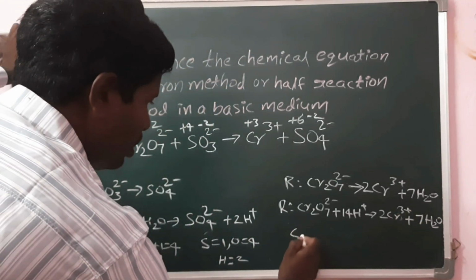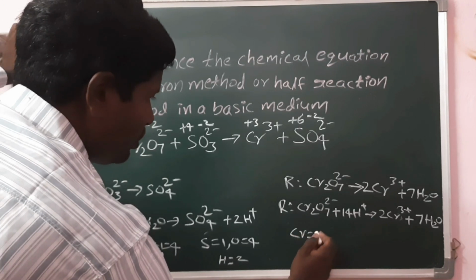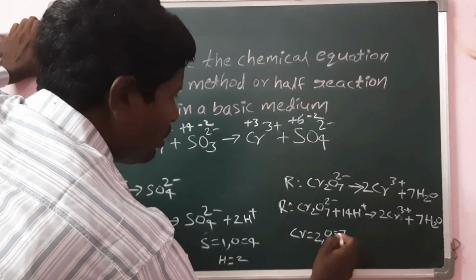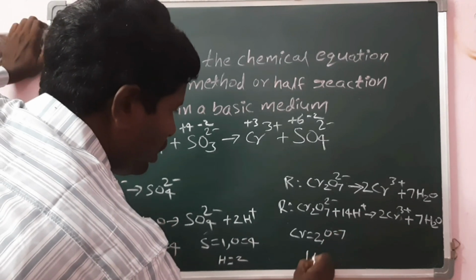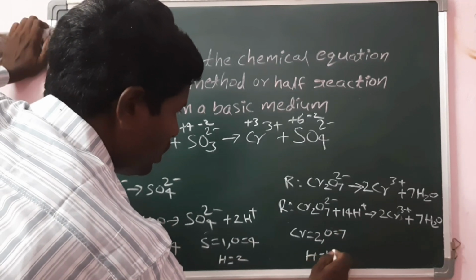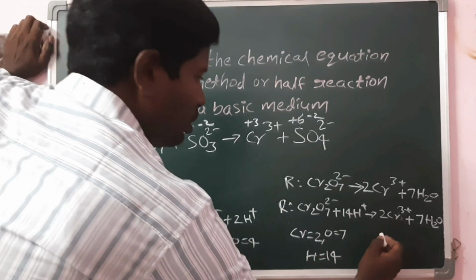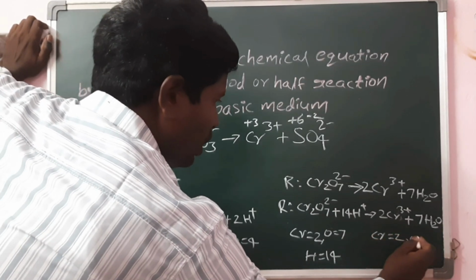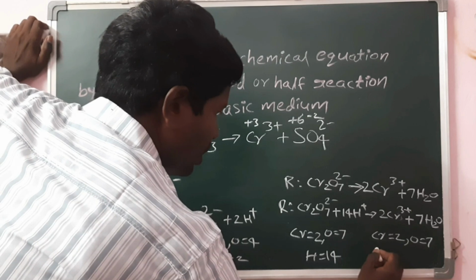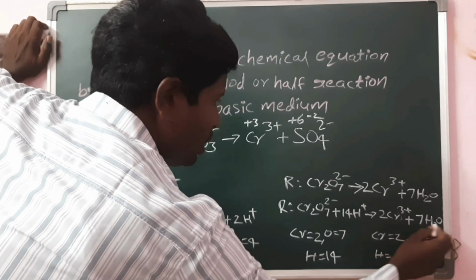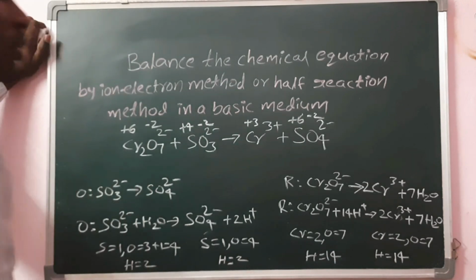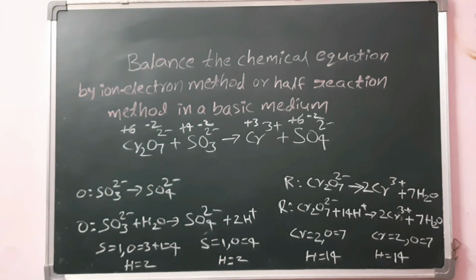Now left hand side, chromium atoms 2, oxygen atoms 7, hydrogen atoms 14. Right hand side, chromium atoms 2, oxygen atoms 7, hydrogen atoms 7 into 2, 14. The number of atoms are balanced in the two half reactions.